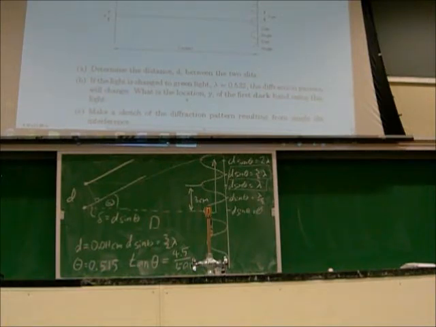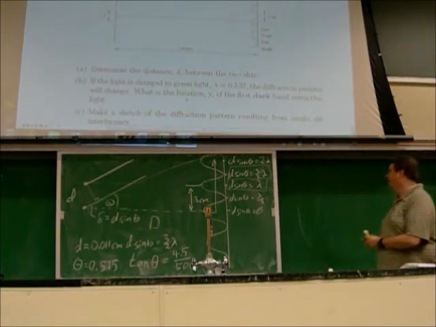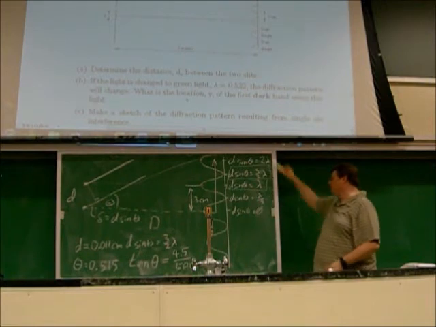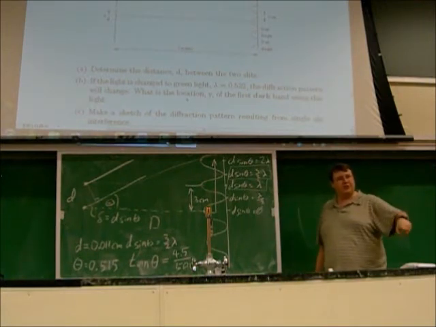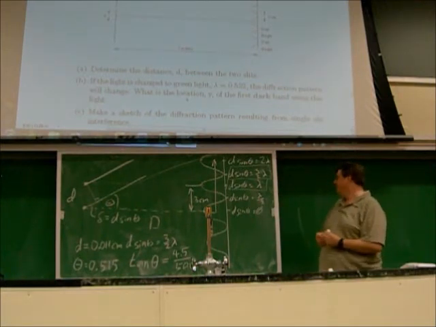Aha! Now I'm not going to use any feature, I'm going to use a particular feature. Which particular feature am I going to use? The first dark band. Of all of these possibilities, which one is the first dark band?